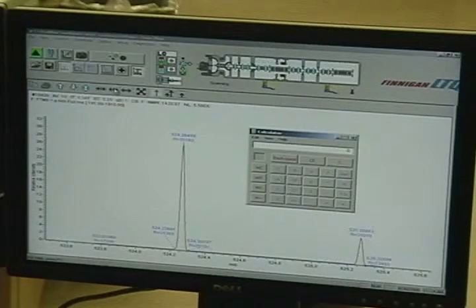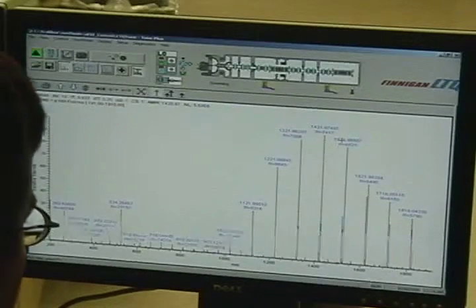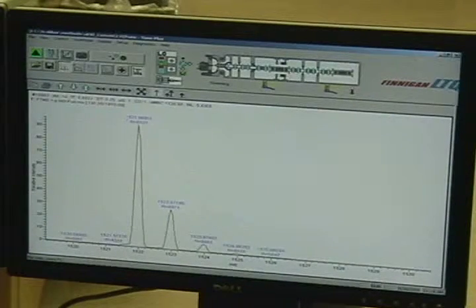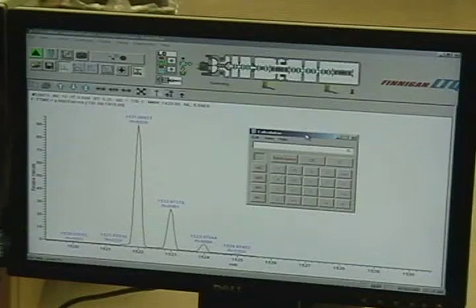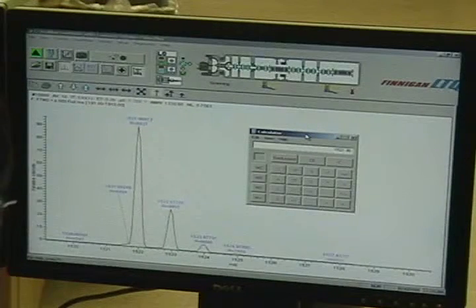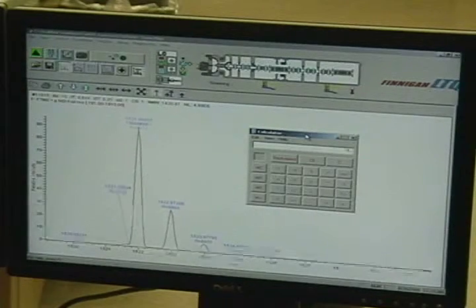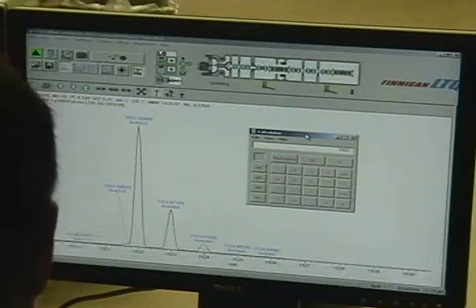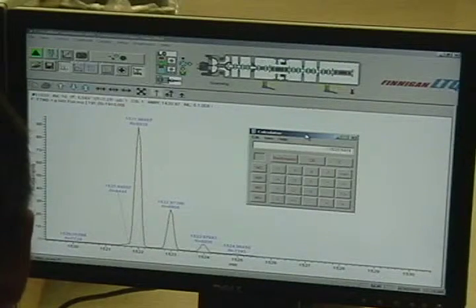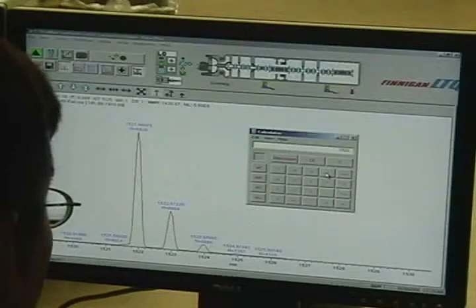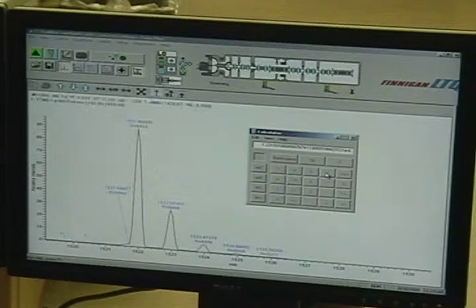Yeah. Now let's check your 1522. 0.2 ppm.